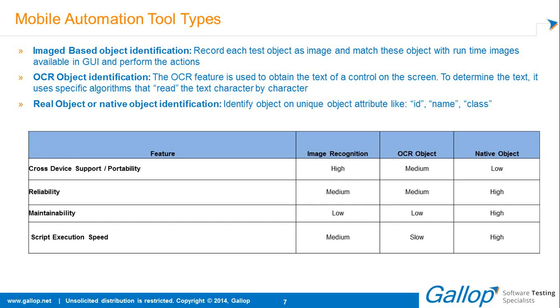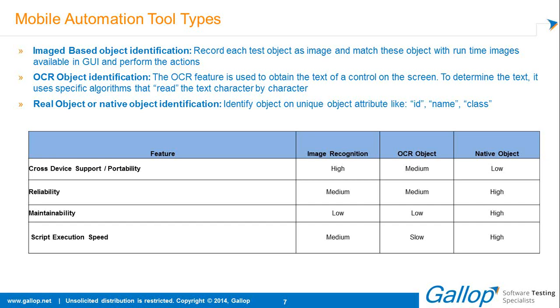You have tablets, you have phones, you have a 3-inch phone, you have a 4.7-inch phone. So the resolution of your images keeps changing, and so maintainability gets difficult.